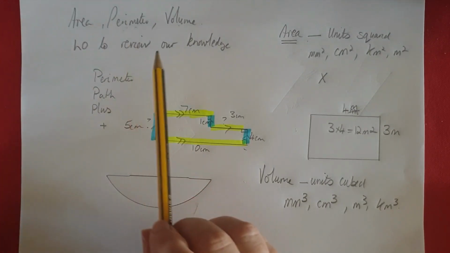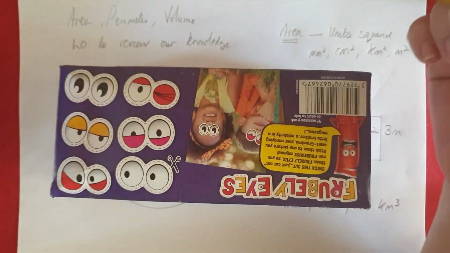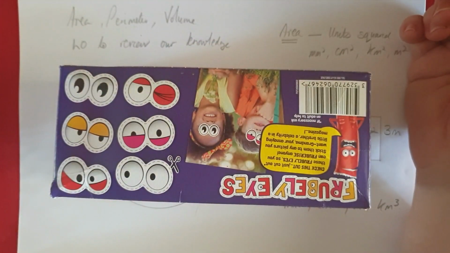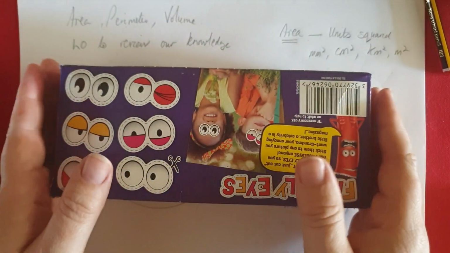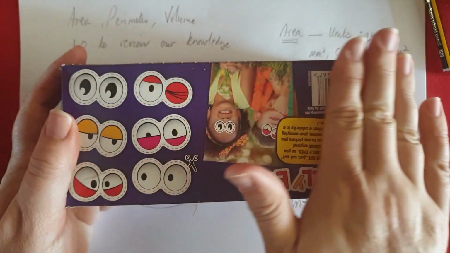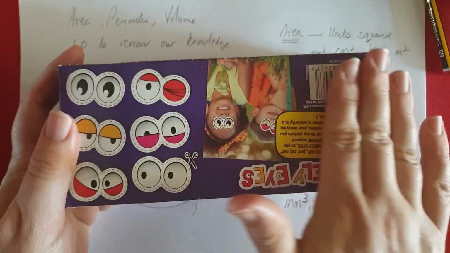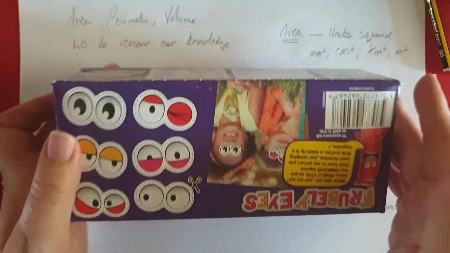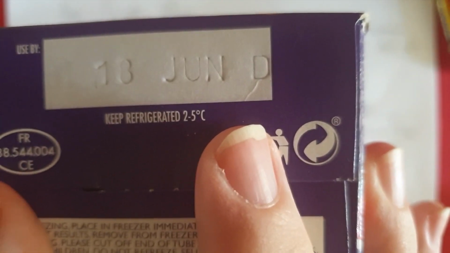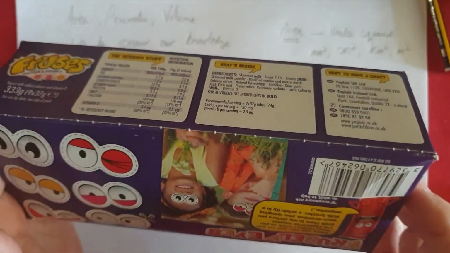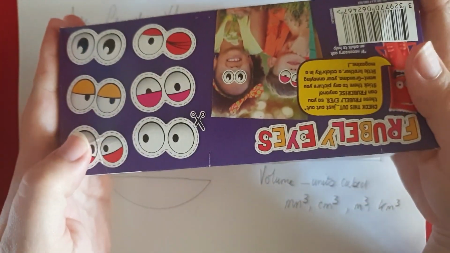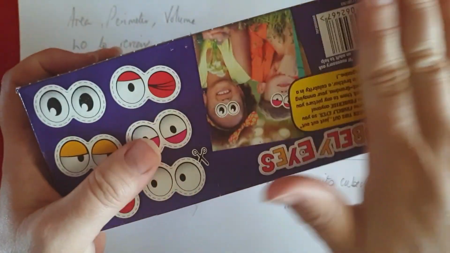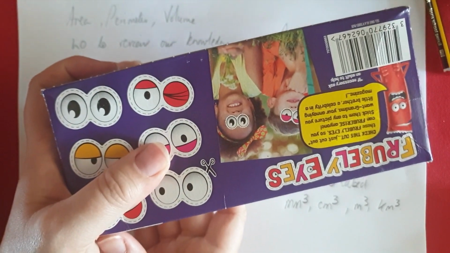Now, earlier on I said that with 3D shapes we can also find perimeter and area. Maybe it's not quite as clear on this, but if I was to find just the area of this one side, that would be relatively straightforward. Likewise, I can find the area of this side and the area of the top side too. So what we can do is find on a 3D shape something called surface area, i.e. the amount of space on the outside of the shape.